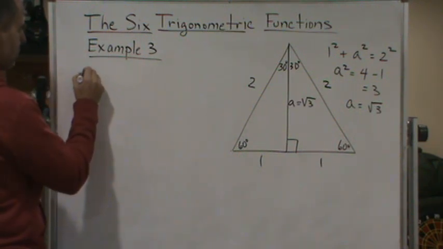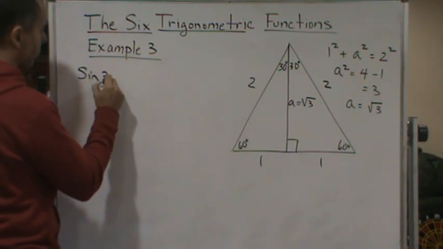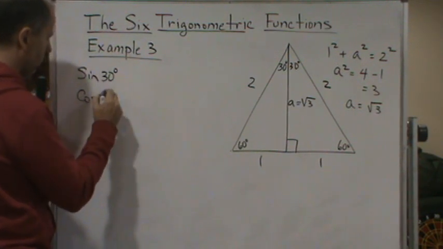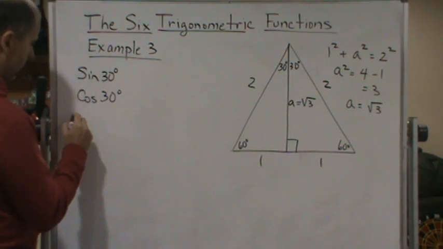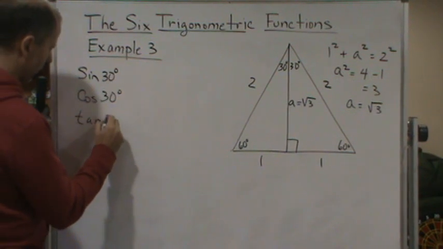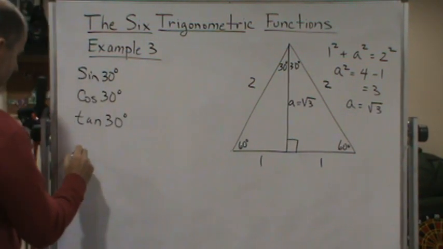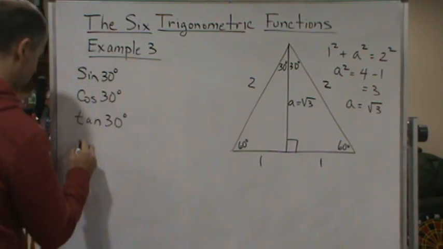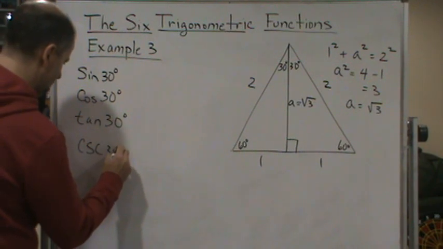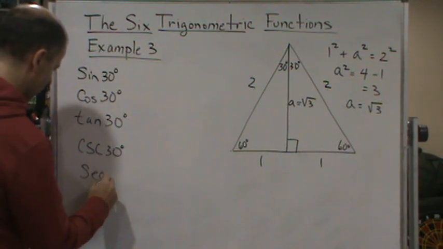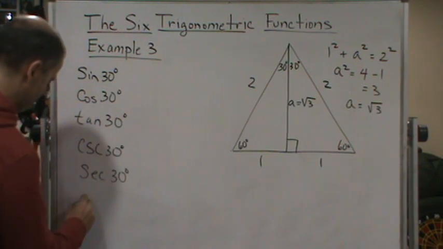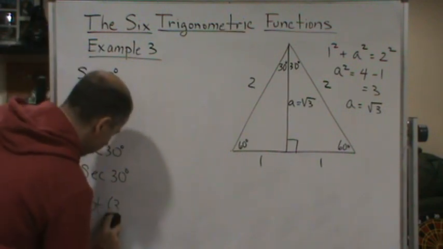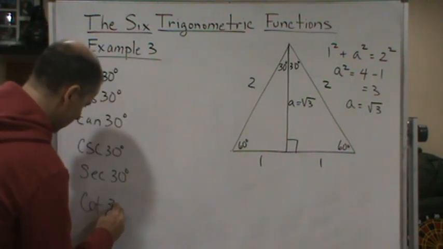So let's do 30. Sine 30 degrees, cosine 30, tangent 30, and then cosecant 30, secant 30, and cotangent 30.